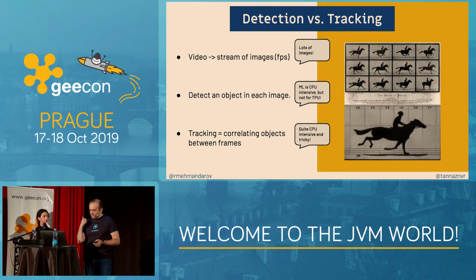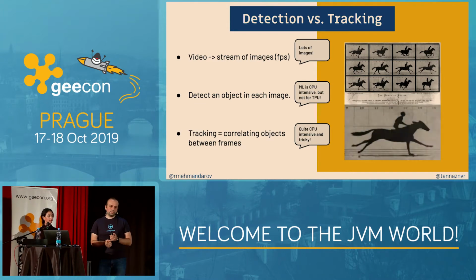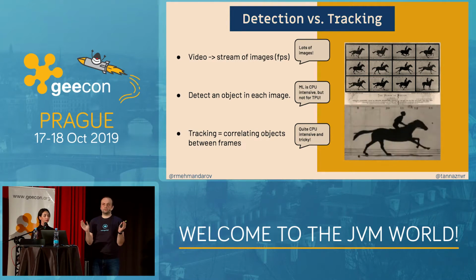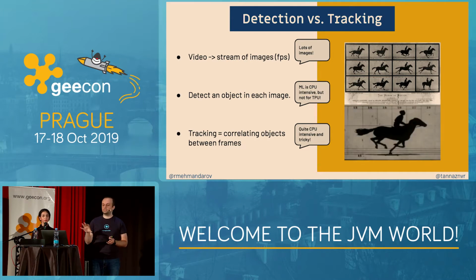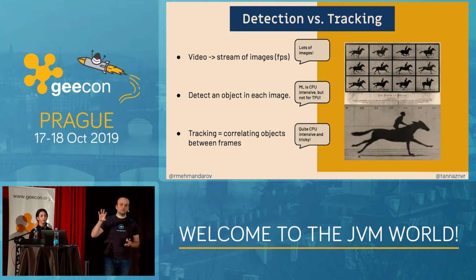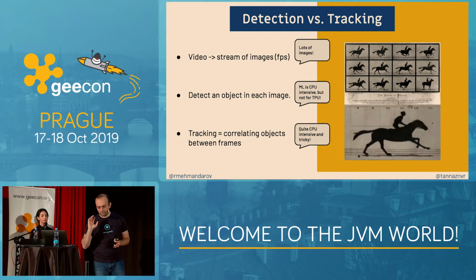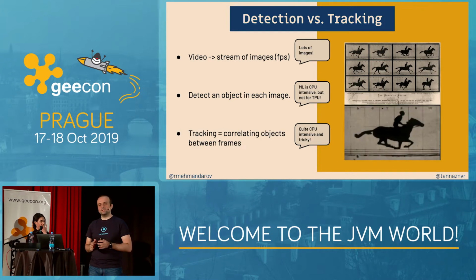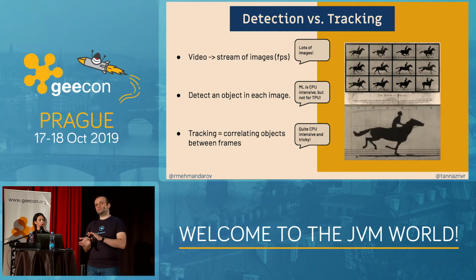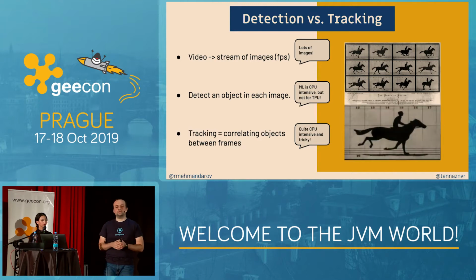And running detection on a single image, a single frame, is CPU expensive, but it's not that bad. You have machine learning algorithms. You have special chips that can run well-performing algorithms to do all this. So while it's kind of expensive, it's not a problem. We have a solution for that.